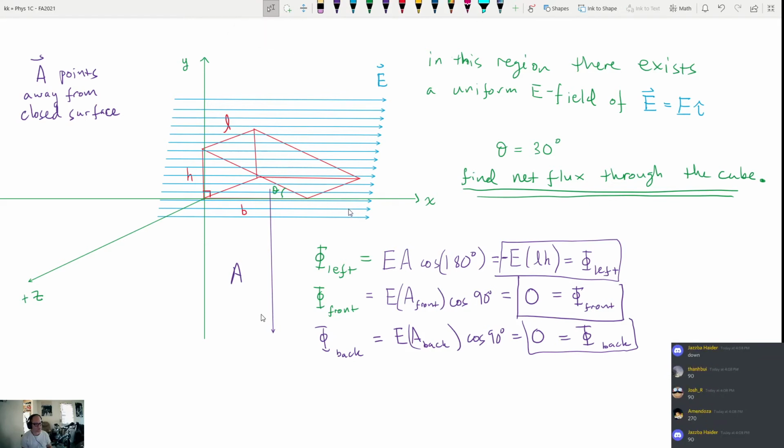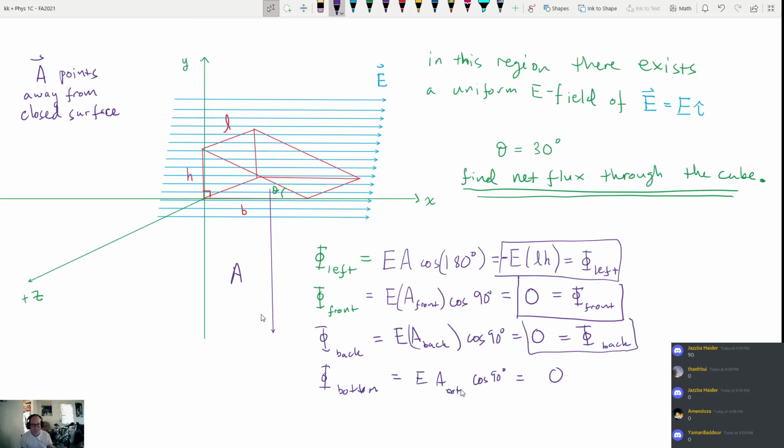So what's the flux? You could say 270. That works too. You get the same answer. So what's the flux? 0. Exactly. So the flux through the bottom is also equal to 0, for the same reason, because there's a cosine 90 in there.